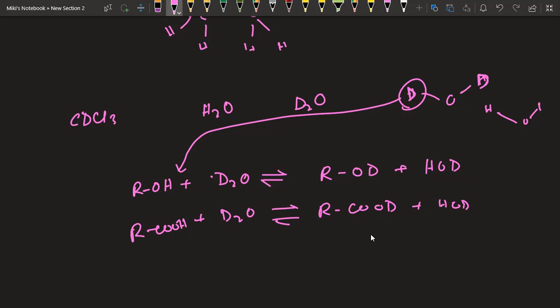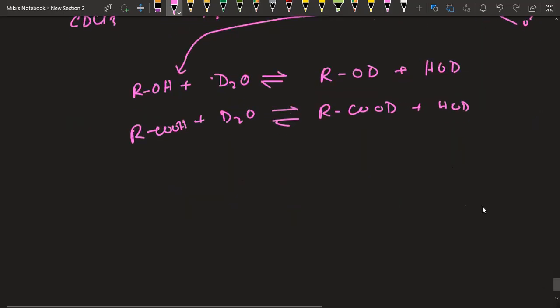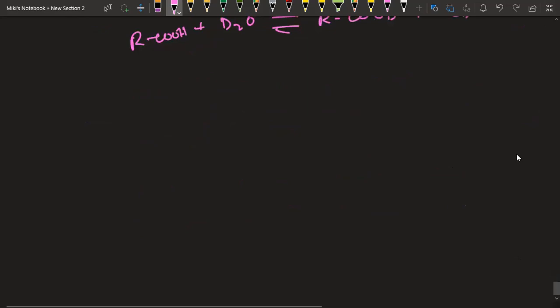But this will disappear because of the replacement of the hydrogen atom. Moving on to our information: the hydrogen in the OH group and the carboxylic acid can be displaced by the deuterium isotope, so our absorption values will disappear because of the deuterium atom. That's information to be noted.